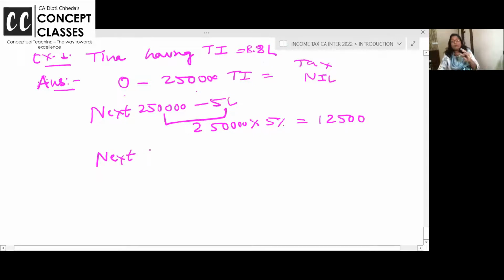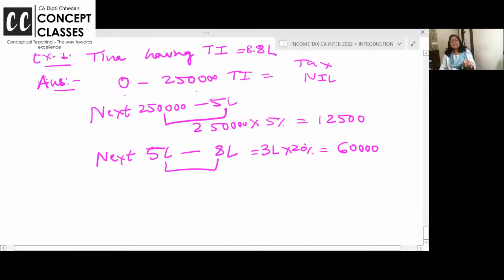Now next is 5 lakh to 10 lakh. But Tina's income is only 8 lakhs. So on the next 3 lakhs, 20%, 60,000.